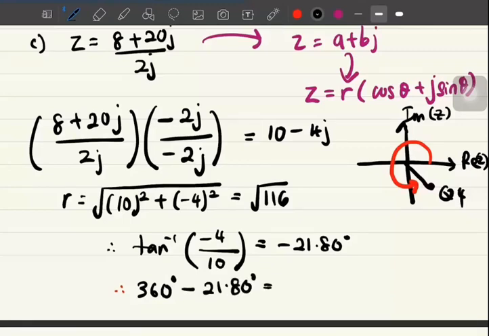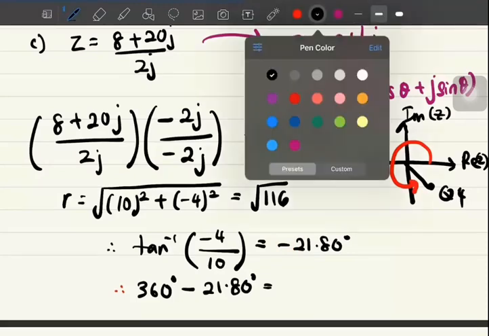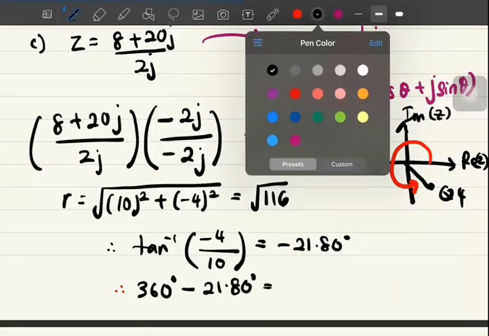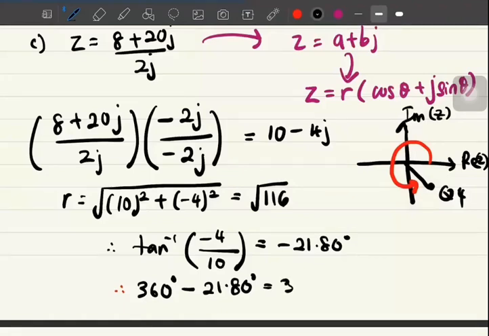Remember, when we find the actual angle for a complex number, we ignore the negative sign, otherwise it would become positive here. So when we calculate the actual angle, we do not include the negative sign. Therefore your answer should be 338.20 degrees.